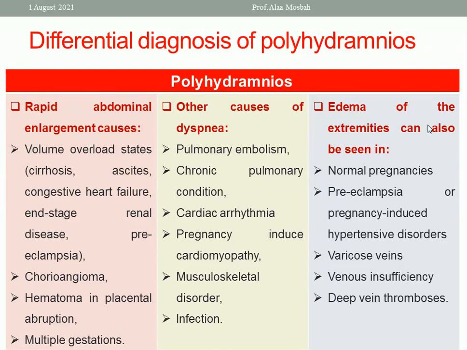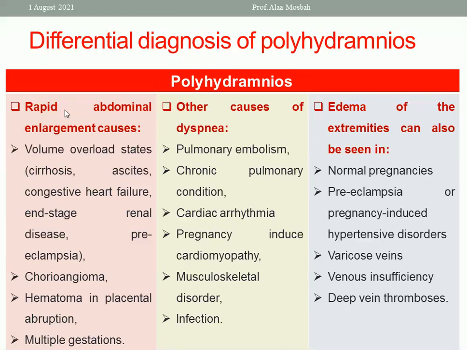What is the differential diagnosis for a case with polyhydramnios? We may have three categories: differential diagnosis for rapid abdominal enlargement, for dyspnea during pregnancy, and for edema of the extremities during pregnancy. For rapid enlargement of the abdomen, other causes may be volume overload, like in cases of ascites, cirrhosis, congestive heart failure, renal failure, preeclampsia.